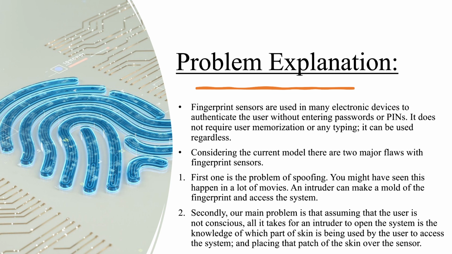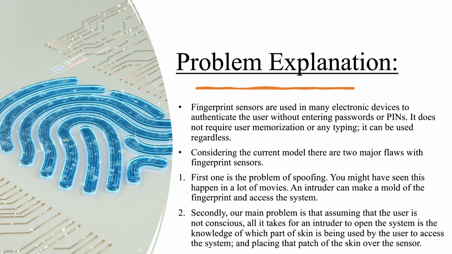Considering the existing model, there are two major flaws associated with fingerprint sensors. The first one is the problem of spoofing. You might have seen this happen in movies and probably in real life as well. An intruder can make a mold of the fingerprint and access a system. Secondly, the fingerprint of the user could simply be used while they are not conscious or aware.